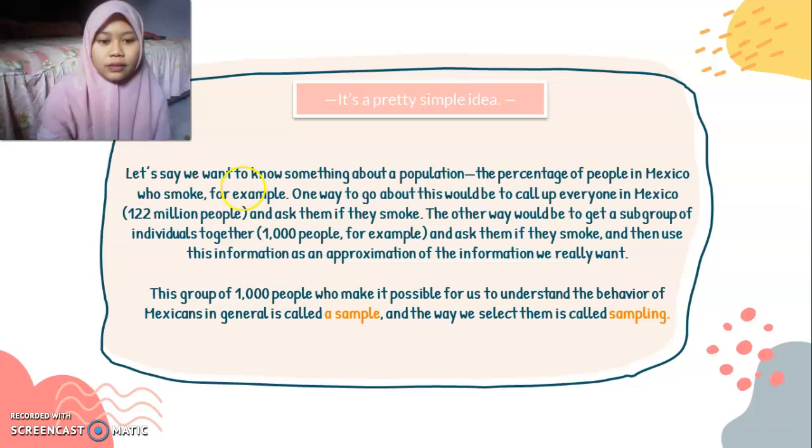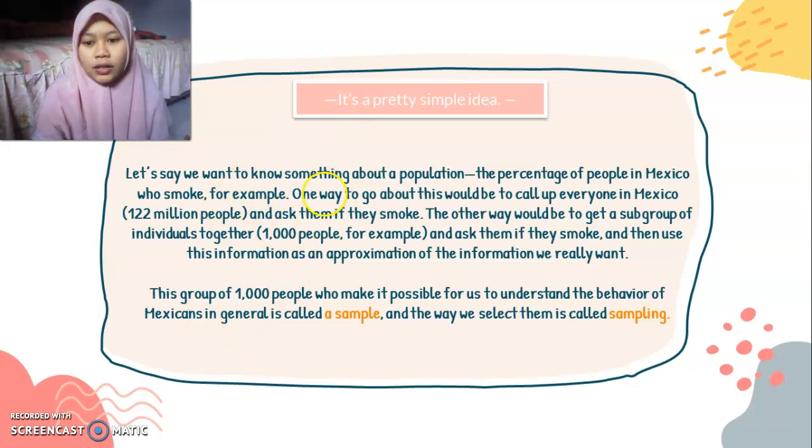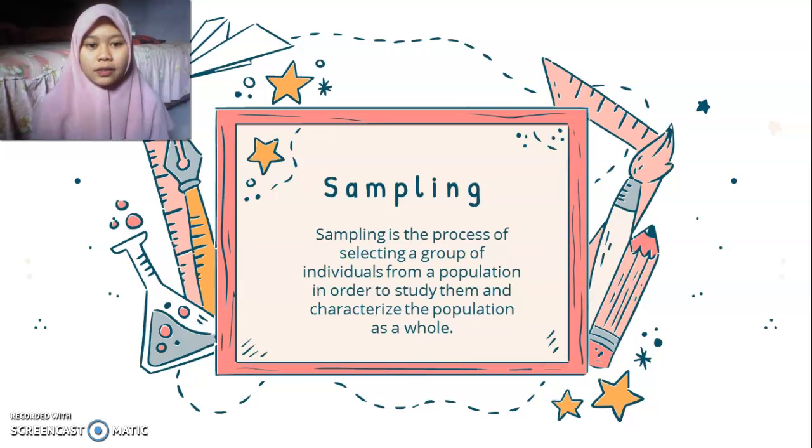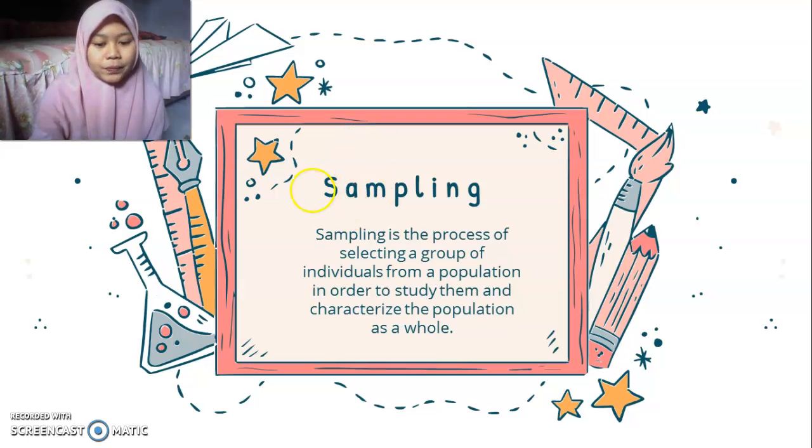Next. So we can summarize that sampling is the process of selecting a group of individuals from a population in order to study them and characterize the population as a whole.